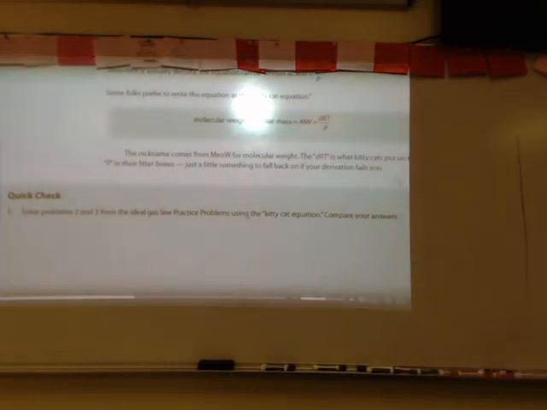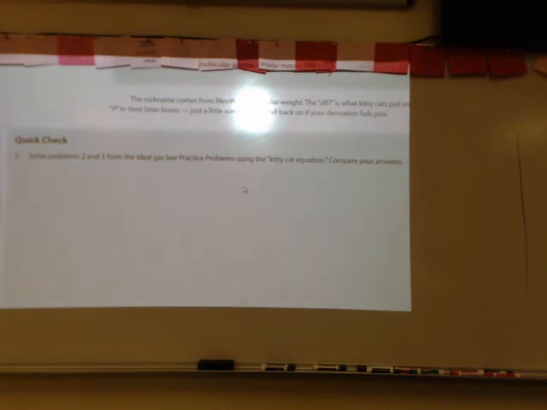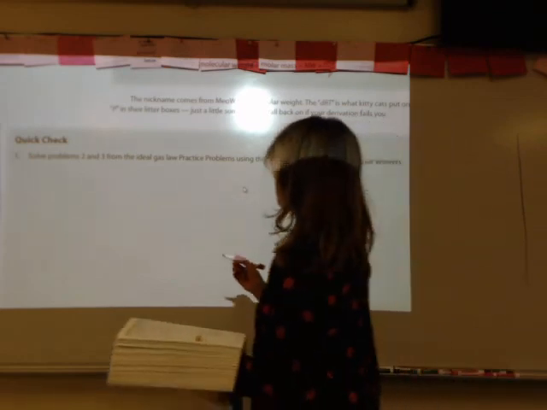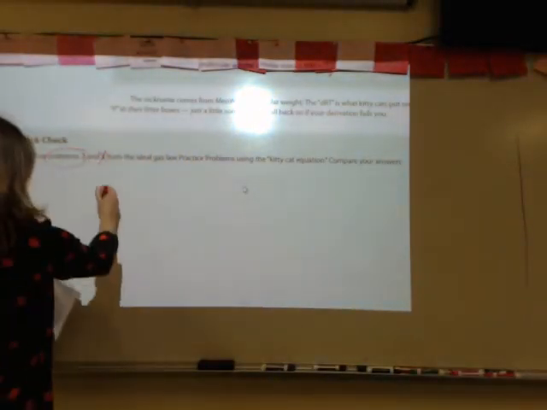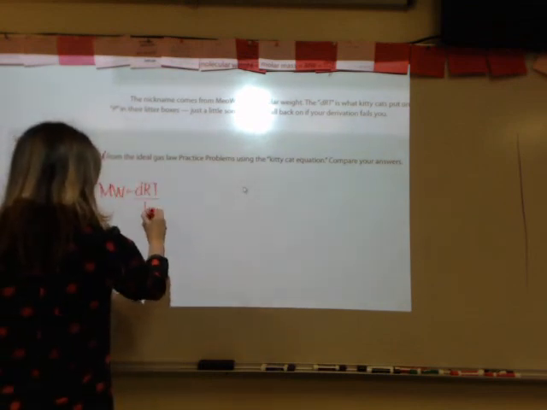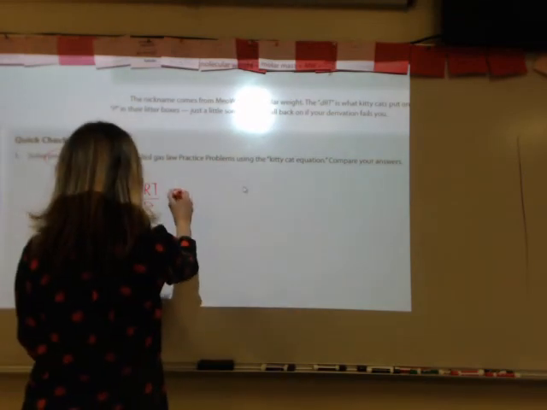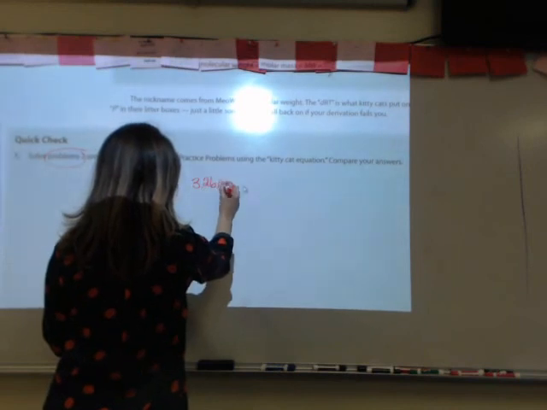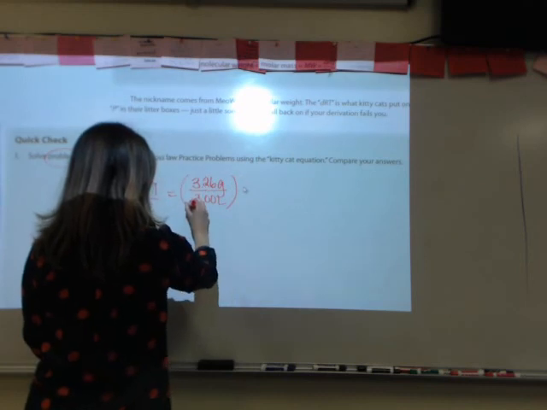If we're looking at the quick check here, it says solve problems 2 and 3 from the ideal gas law practice problems using the kitty cat equation. Compare your answers. Let's just take a look at practice problem number 2. They gave us mass and volume, which means I can calculate density. So 3.26 grams divided by 3 liters is my density.